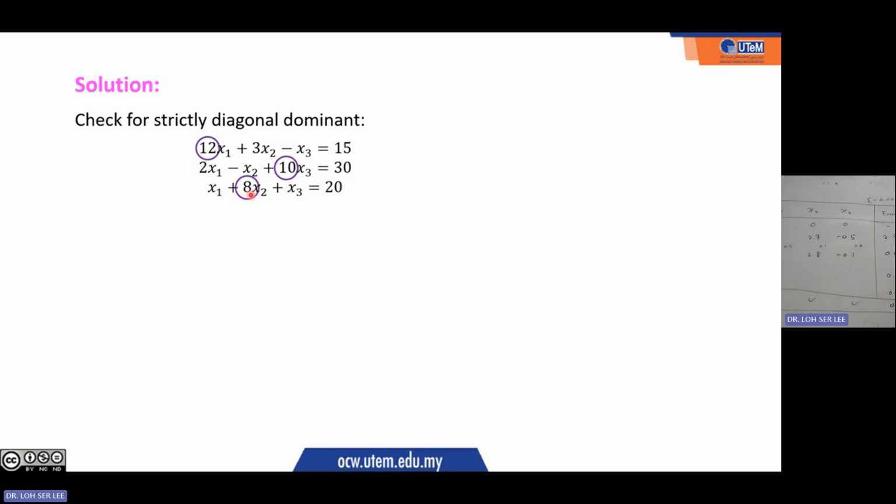Dominant means the magnitude is greater than the sum of the magnitudes of the rest. It's not about being the largest, but the magnitude is greater than the sum of the rest of the magnitudes. Then after we swap, we get this. So this is satisfying the criteria.